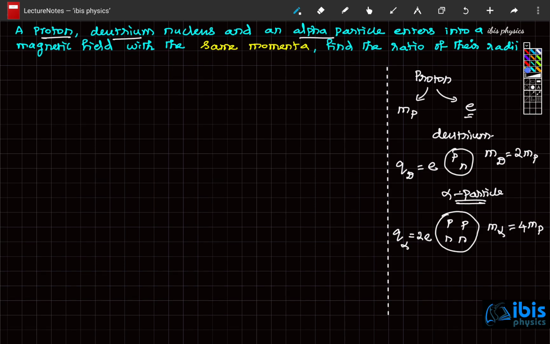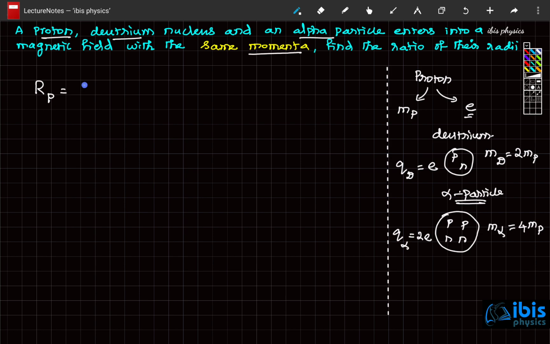Now we are supposed to find the radius of the charged particle in the magnetic field, because when these charged particles enter, they describe a circle. So the radius of the proton first. Here, what is given? Momentum is given.